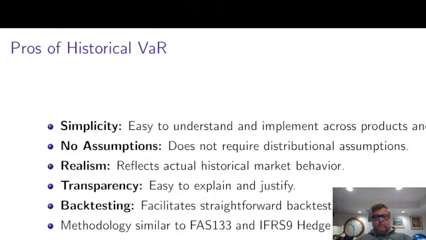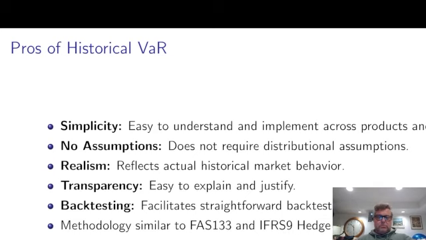Now, the historical VaR has some very appealing features, but also issues. First of all, it's simple to understand and implement because you have all these different risk factors, and you can look at the individual risk factors, how they have changed. There's very little assumptions because it's an actual distribution historically.